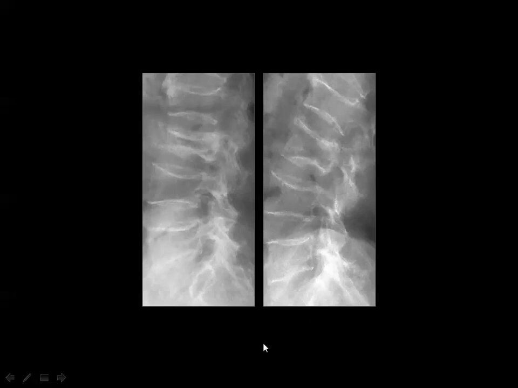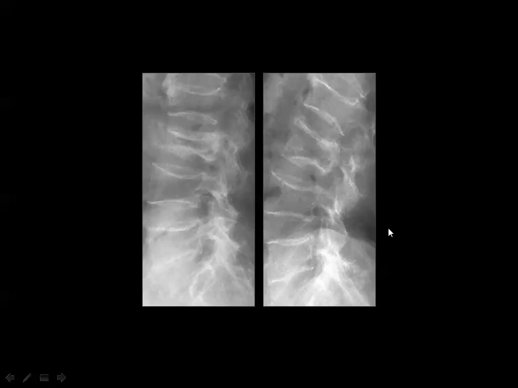In interpretation of these films, we used to say that there is partial loss of height or partial collapse of so and so vertebrae, but it is better to say in frank words that you are dealing with an osteoporotic fracture so that they can deal with this.